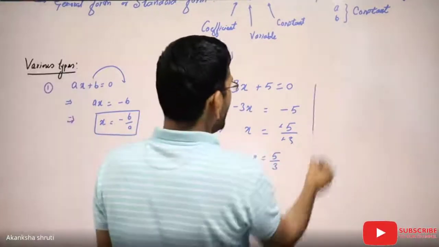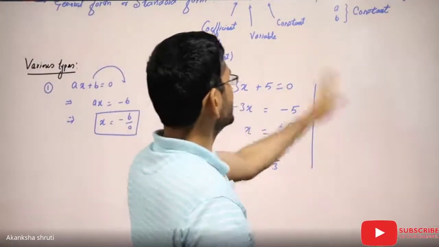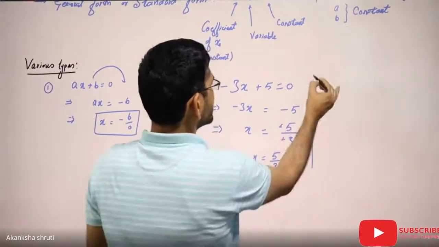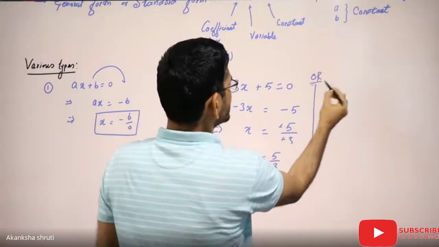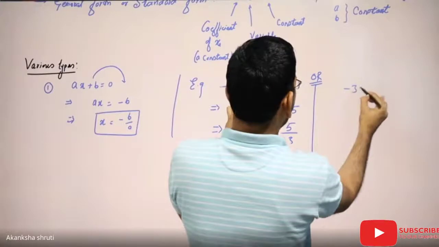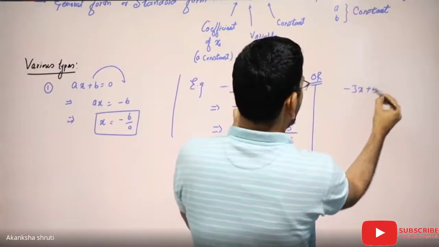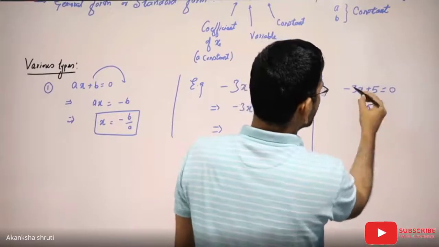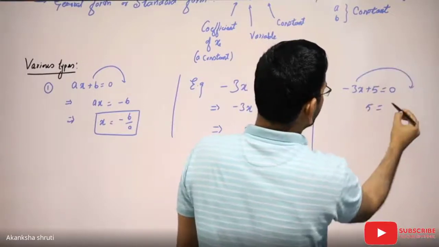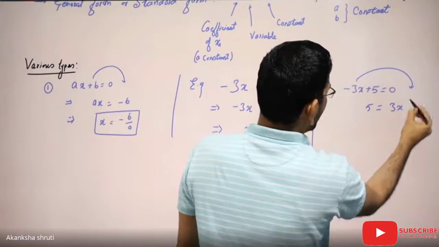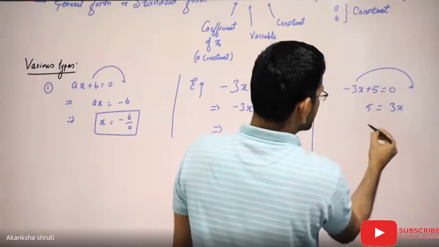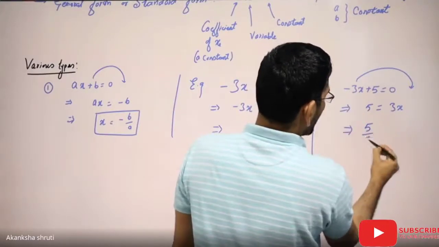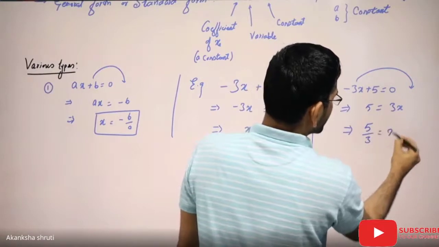Students, we may shift even this 3x to the other side. That also does not change the result. Even if I am solving 3x plus 5 equals 0, keep this 5 on this side, change the other to this side, it becomes plus 3x. Now bring the constant in the denominator of 5, it is going to give us x.